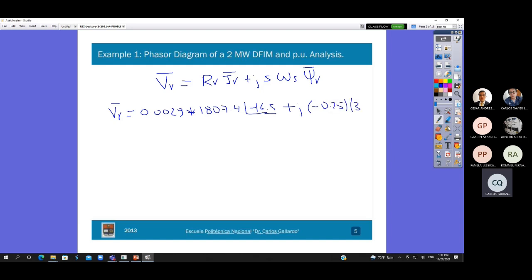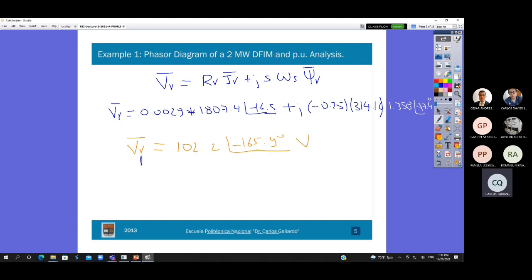The speed is 314.16, times the rotor flux, 1.358 with negative 77.4 degrees. Therefore, the rotor voltage is equal to 102.2 with negative 165.9 degrees. This is volts.